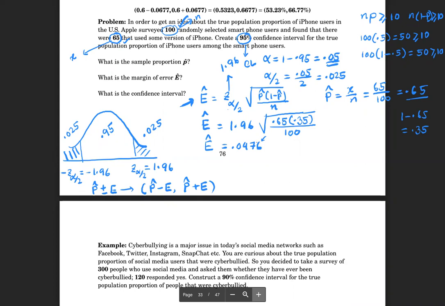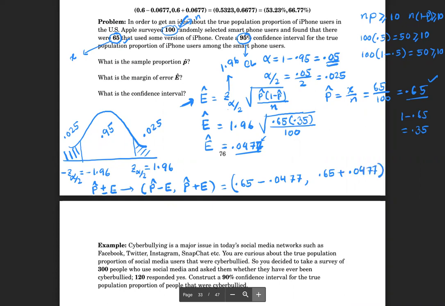Actually, let me just round it. Sorry, 0.0477. So your confidence interval is going to be p hat, which is 0.65, minus the margin of error 0.0477, comma 0.65 plus 0.0477.